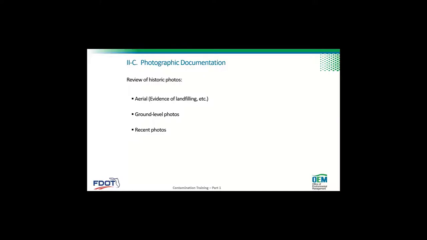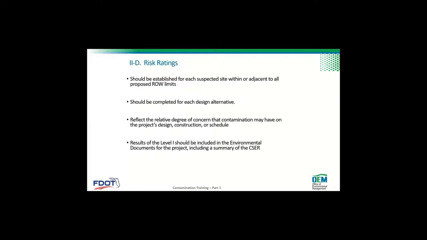The review of historic photos includes, again, aerials and ground level photos. Maybe they would use Google Street View or something like that, and recent photos. Risk ratings should be established for each suspected site within or adjacent to the proposed right-of-way limits, and should be completed for each design alternative.